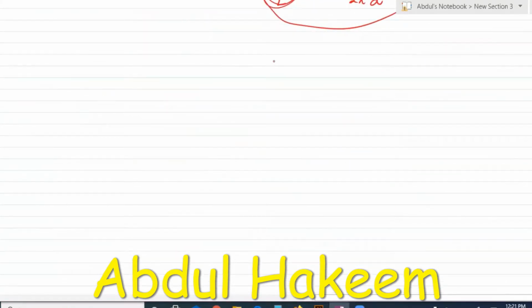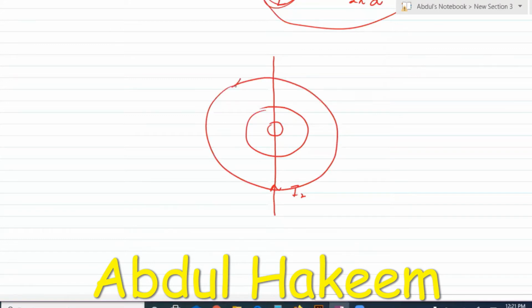Now, suppose we place first the red wire, which is carrying current I2. We draw its magnetic field. This is the direction of the magnetic field according to the right-hand grip rule, and we select a point P exactly at the same distance d away from the red wire.